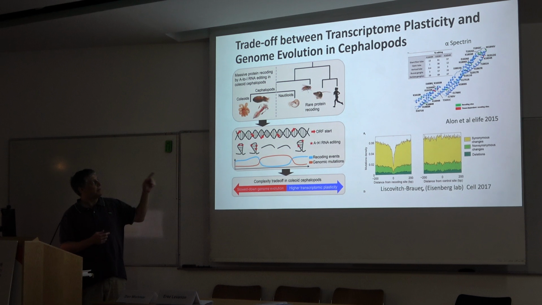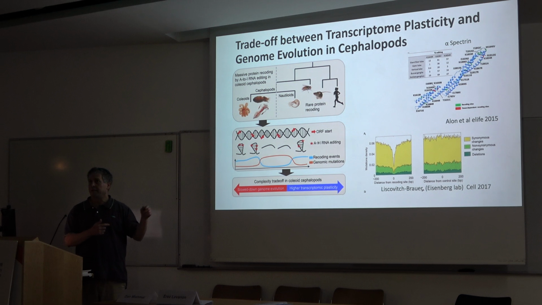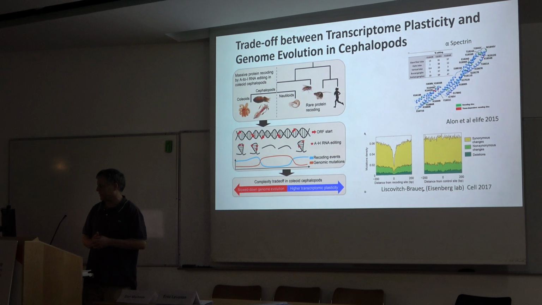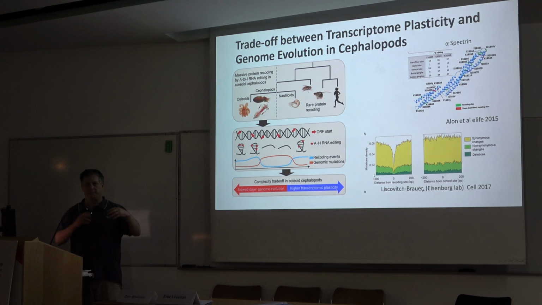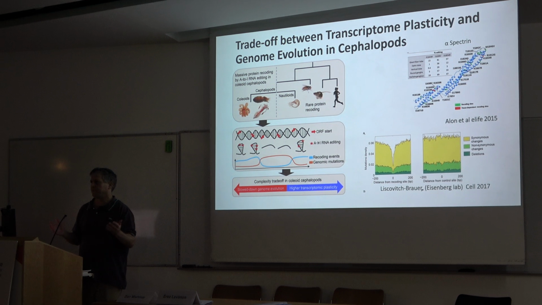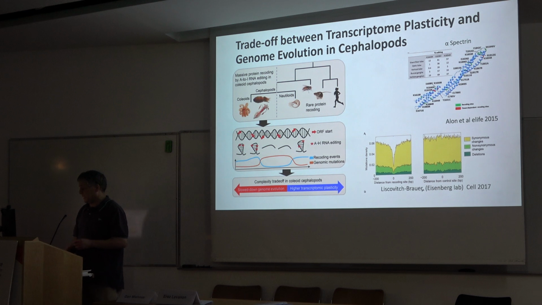And interestingly enough, the nautilus that doesn't have this editing can live decades, while an octopus can be huge, but still will live 2 to 3 years. So this is another interesting outlier.